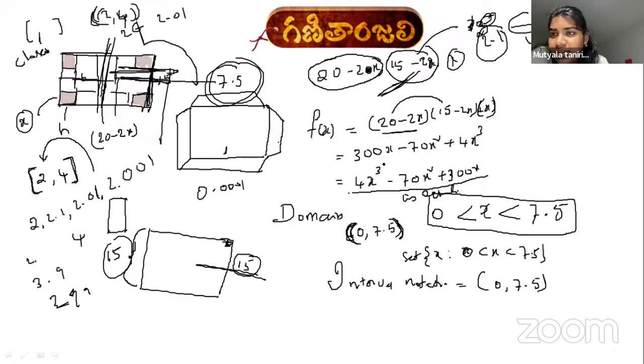We are putting x equal to 1. That will be 4 minus 70 plus 300. 4 minus 70 is minus 66, plus 300 is 366. So volume can be 366 cubic units.